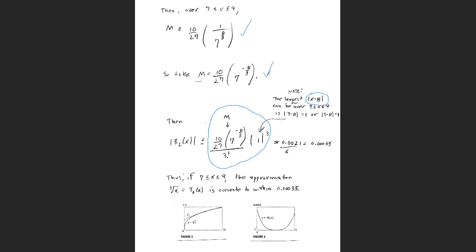Well, we have to put something in for x. The largest the absolute value of x minus 8 could get over the interval from 7 to 9 is going to be 1. So that portion of the error bound can't be any more than 1.